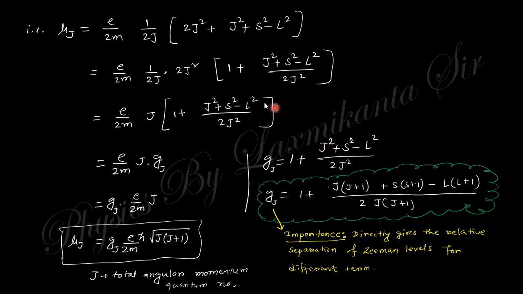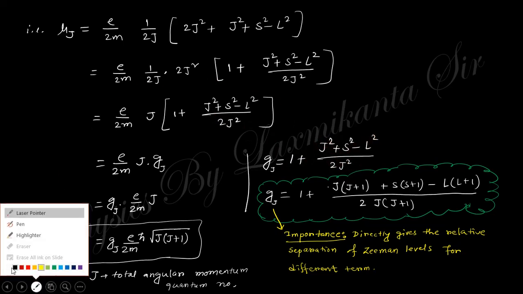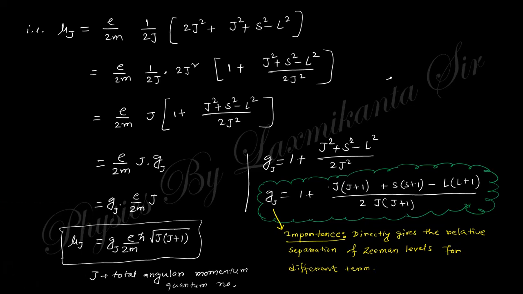If you write J squared, as you know in the quantum number, the magnitude of J equals root under j into j plus 1 times h cross. This is actually small j. Capital J is the total angular momentum.